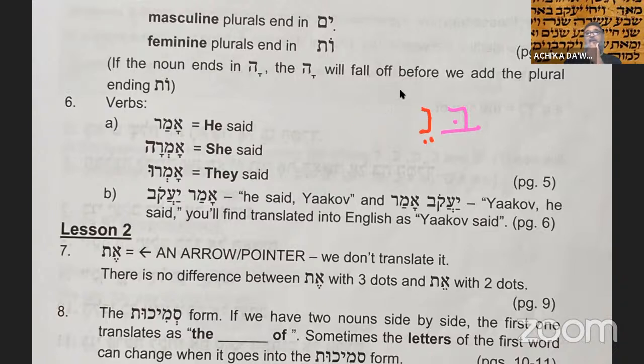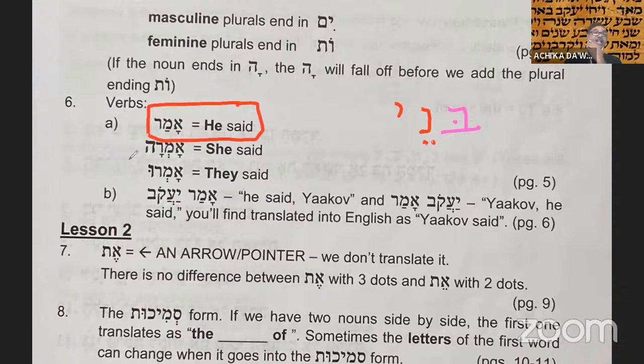Before you did that, it would be banim, for sons. So I have to get rid of that, put the two dots underneath here, and I'll put a yod, and it's B'nai. So you're just adding and taking away, depending on how the word is being used in context. Okay. We learned last week that to say he said perfectly, all you have to say is Amar.